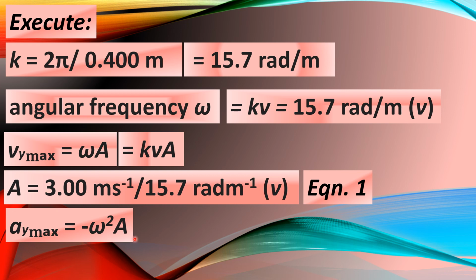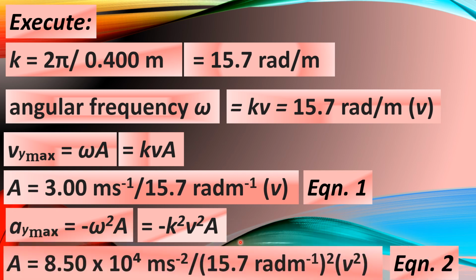Again, we can express this in terms of the wave number k, as well as v, the wave speed of propagation. That is, a sub y max is also equal to negative k squared v squared multiplied by the wave's amplitude, capital A. And again, we can isolate the amplitude, capital A, for us to come up with equation number 2.